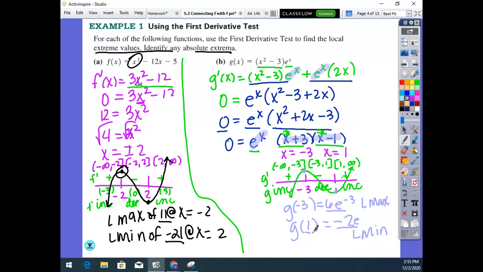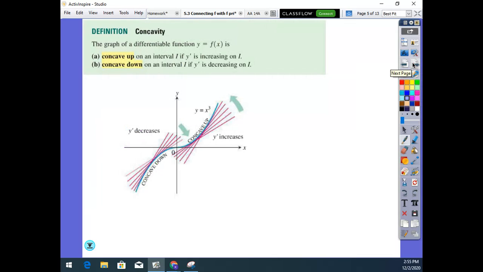Okay, so this was somewhat of a review. Hopefully it kind of tied some things together for you. Now we're going to get into the shape of the graph. So we know where the max and mins are. This is getting into the curvature, or what we say concavity. Concave up, concave down.